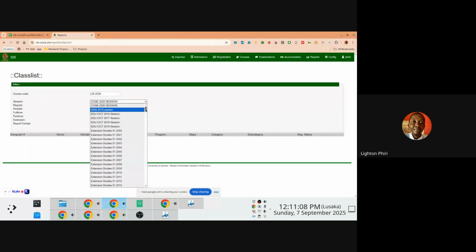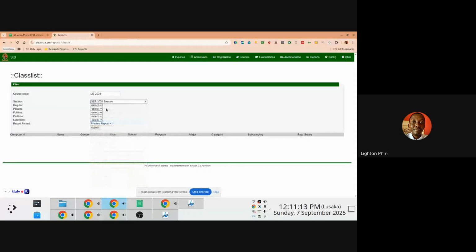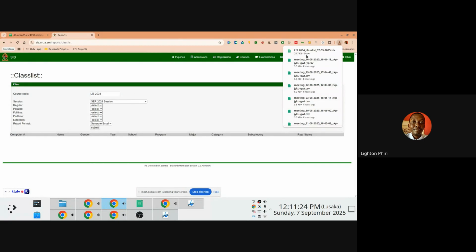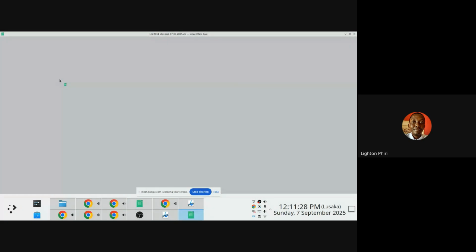GRE 2024. I'm just going to get the entire. I'm trying to make sure that people are on the same page as I am here. At least we kind of misrepresent some of these things.